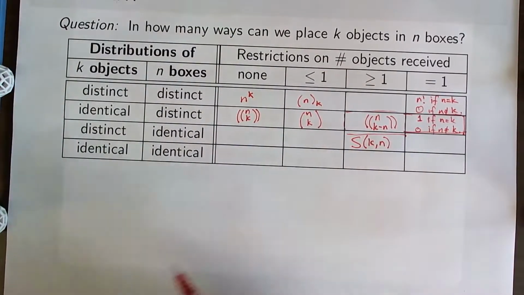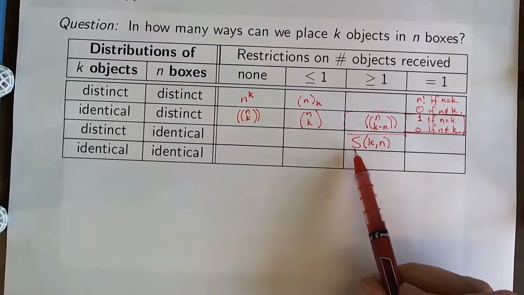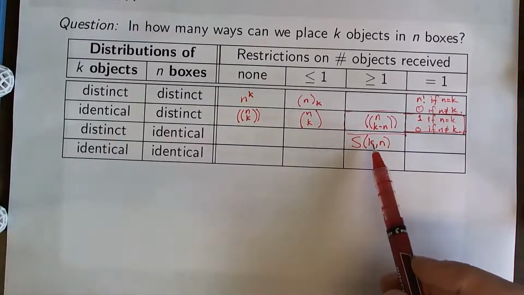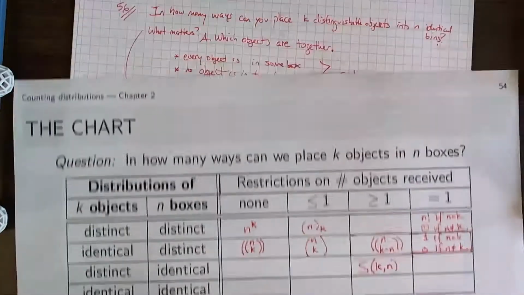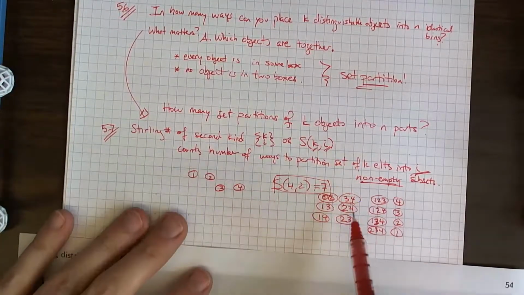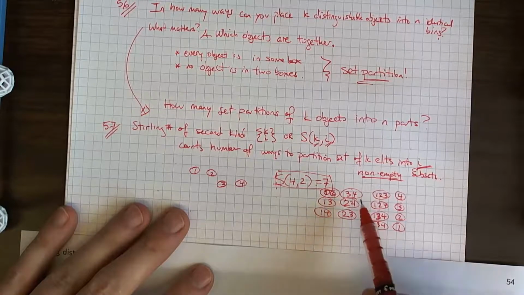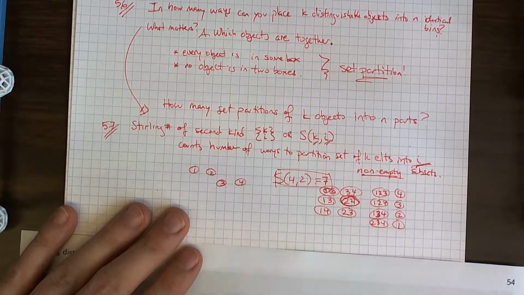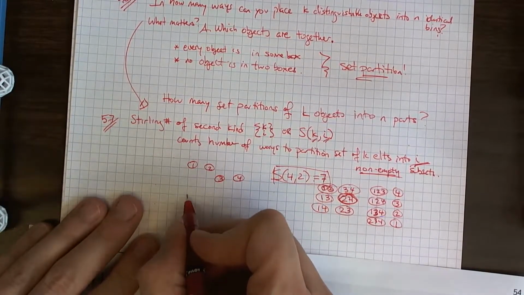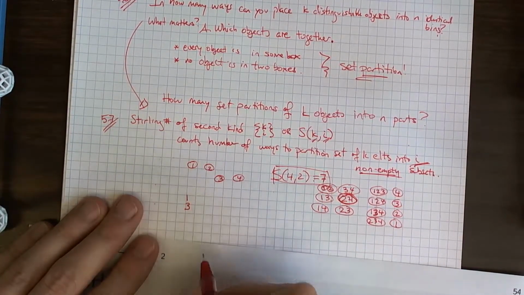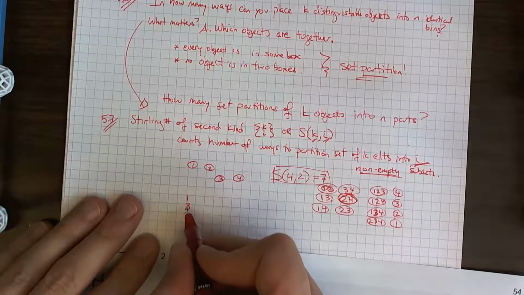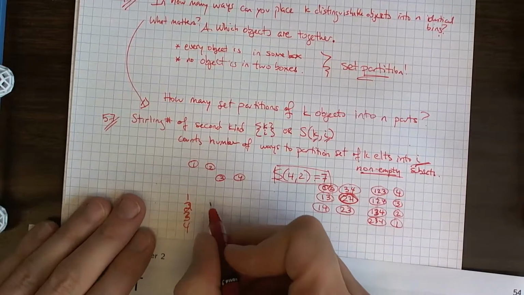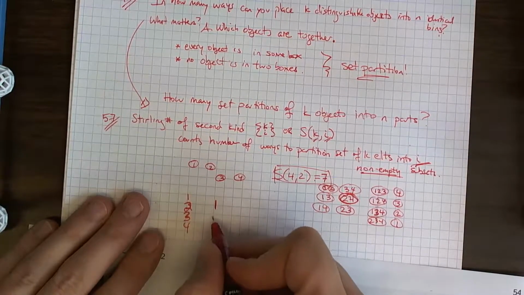So here's a fun question. What happens if we label the boxes? So once we've put all of our balls into those bins, so we've taken our 1, 3 and our 2, 4, and we've put them into 2 bins, and then we label the bins. So we label the bins 1 and 2.